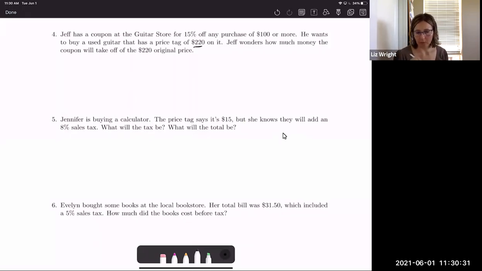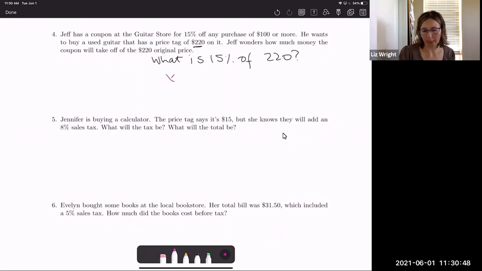What is it that we're trying to find? And then you should write out what our question is. So pause the video. And then I'm hoping that you would think, okay, the question that I'm trying to figure out is, what is 15% of 220? Now all you have to do is multiply them.